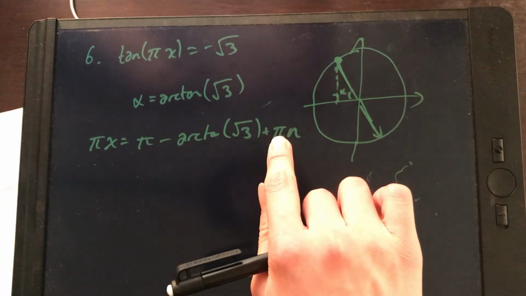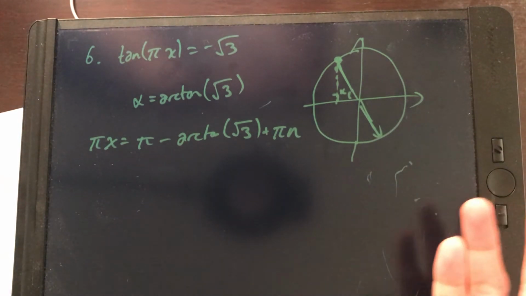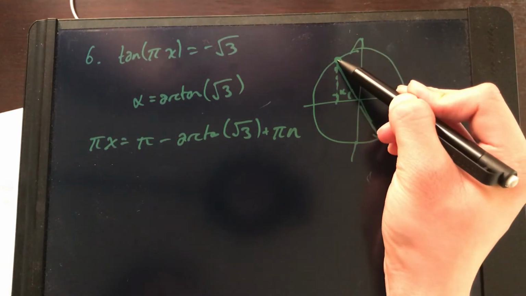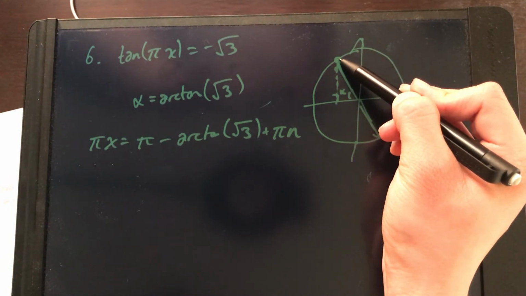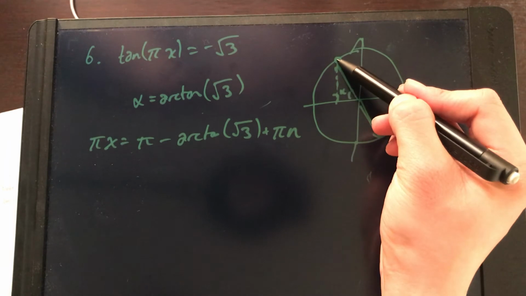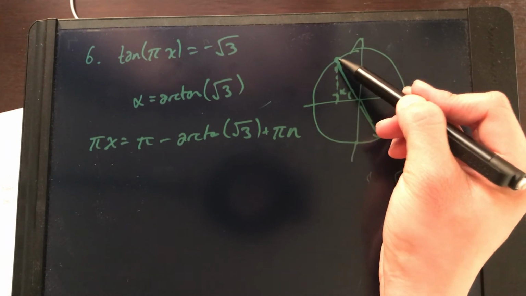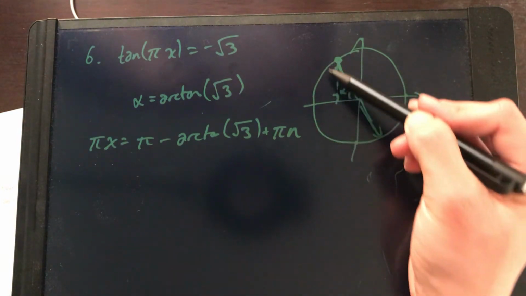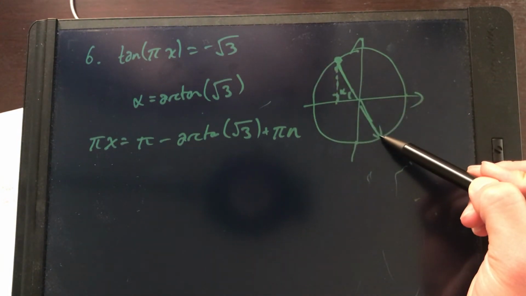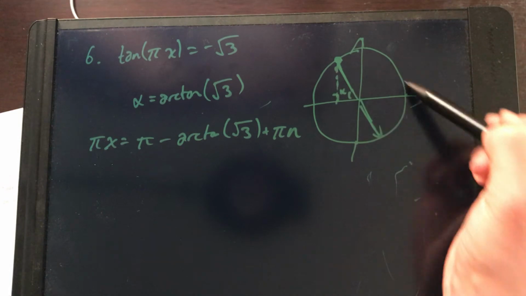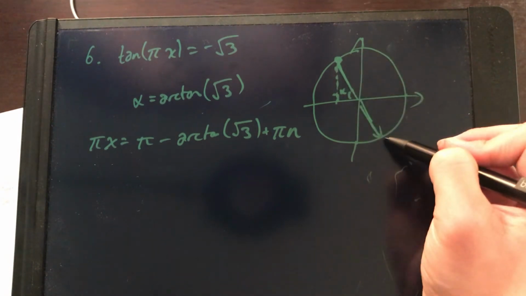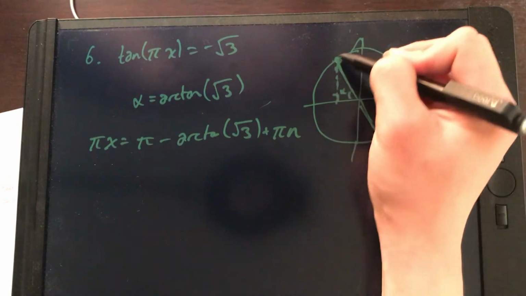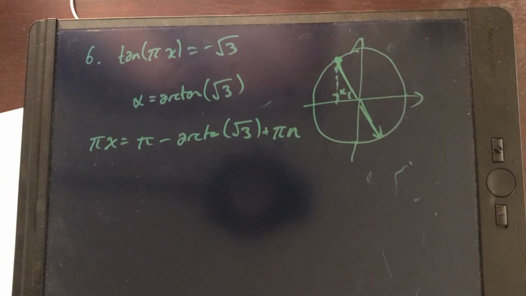It might be pi, 2 pi, 3 pi, negative 17 pi, because look, if I get to the first terminal arm, I can get to any of the other solutions by going pi in either direction as many times as I like. So if I go pi counterclockwise, I've made it to the other arm. If I go pi and then another pi, I've made it. If I start here and I go pi clockwise, 1, 2, 3, 4, it doesn't matter how many times I do it.